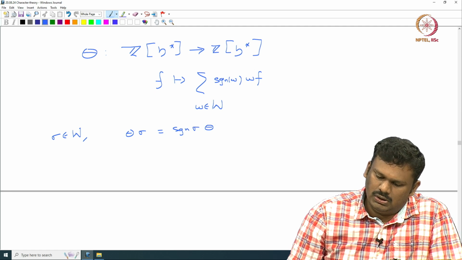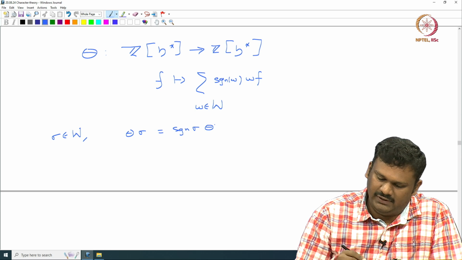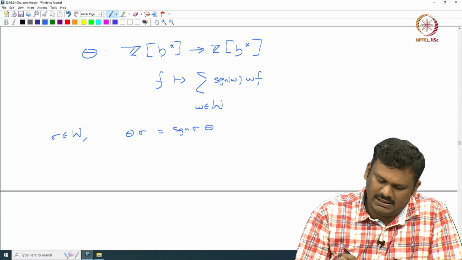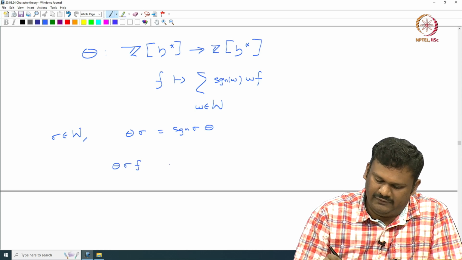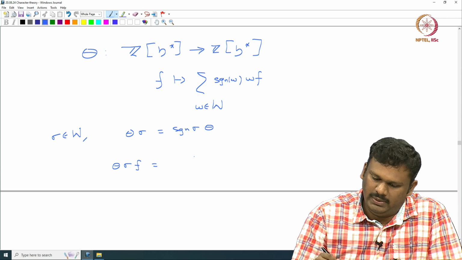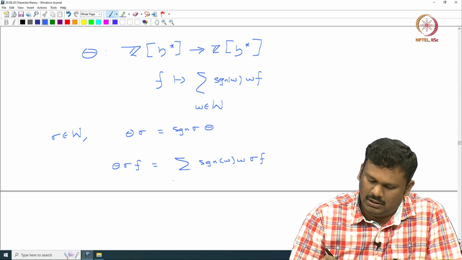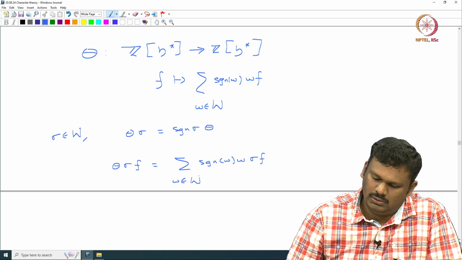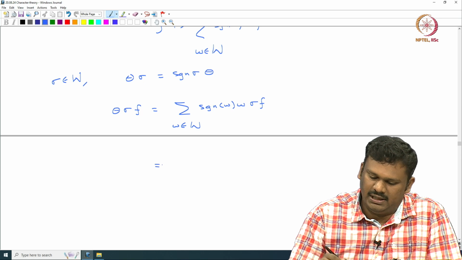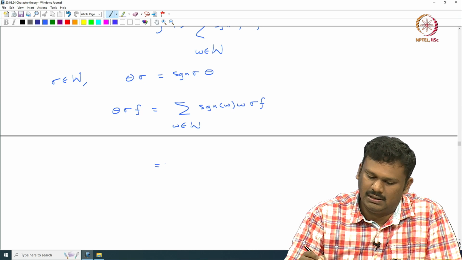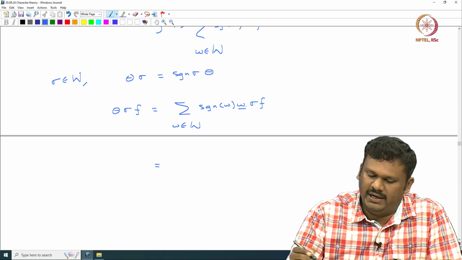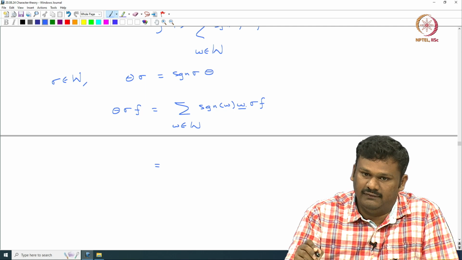Okay. So, this is easy to verify. So, let us verify this. So, what is theta sigma f? This is going to be just the summation of sine of w, w sigma f, w in W. Now this is the same as you can actually replace this w by w sigma inverse.